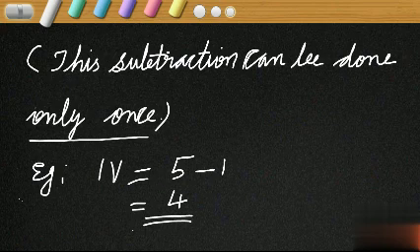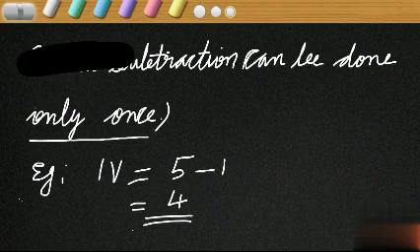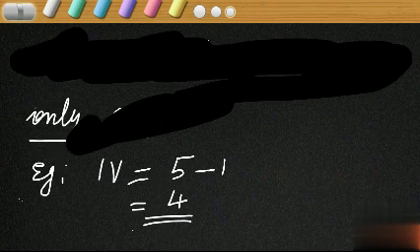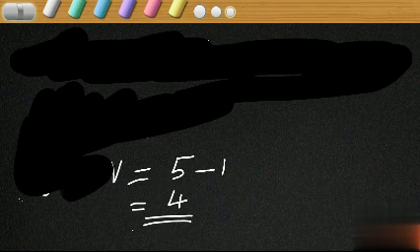Okay. Let's write one more example. Next one, IX. Okay, IX means what? Here, what is the value of I? Yes, value of I is 1. What is the value of X? Value of X is 10.